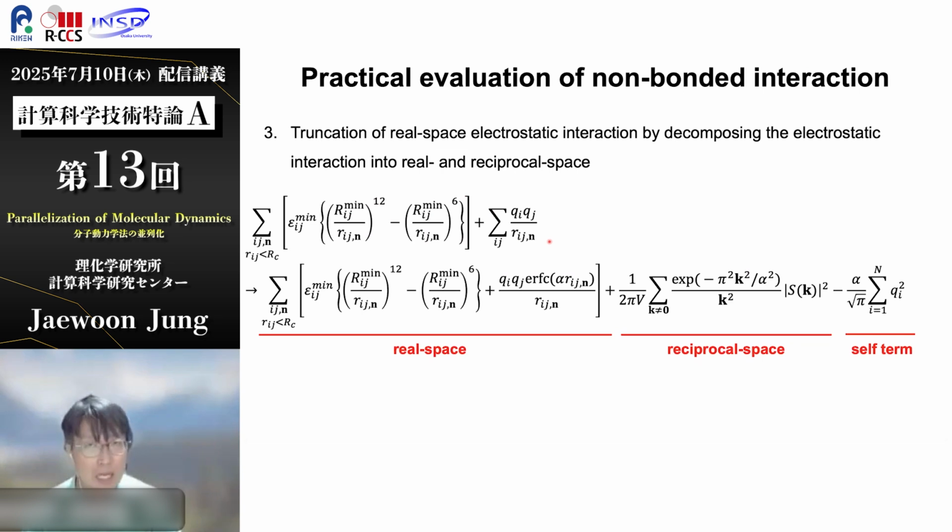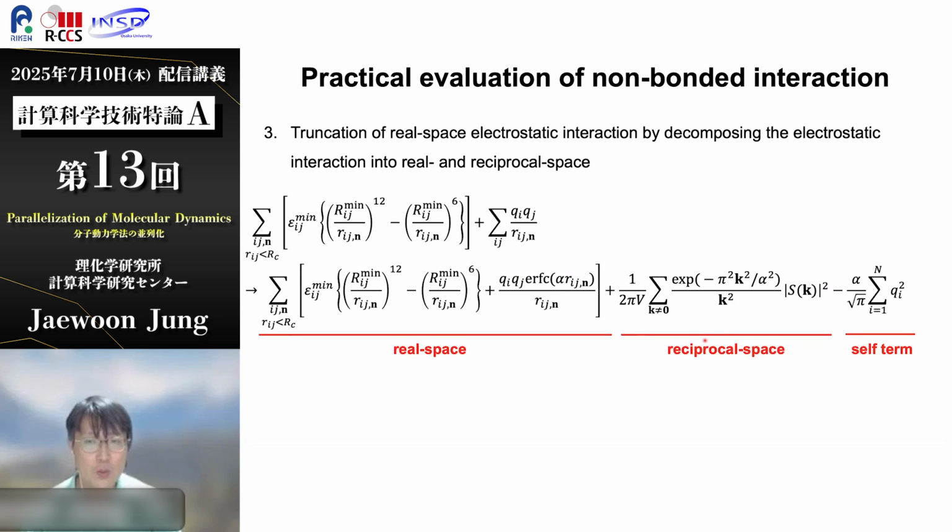So in many cases, with electrostatic interaction, we decompose this one into real space and reciprocal space term. And in the case of real space term, by considering the complementary error function, we can consider the same threshold value as van der Waals.